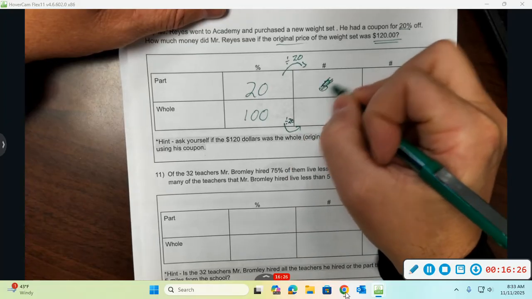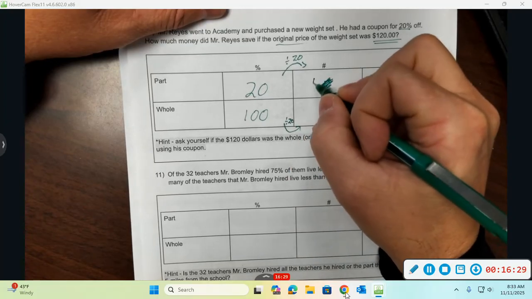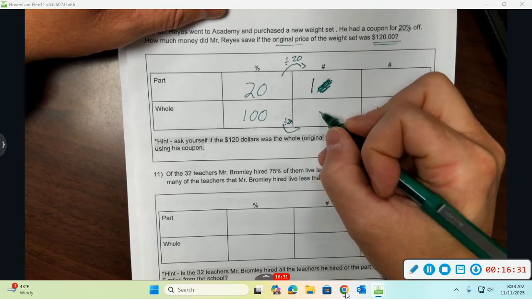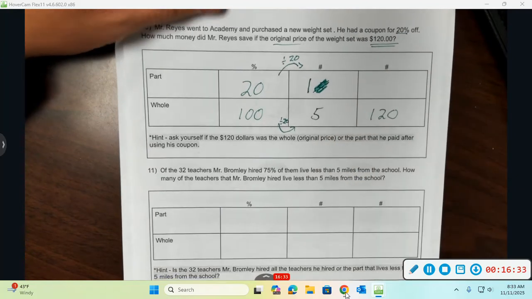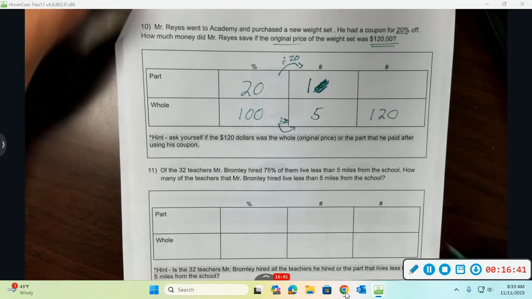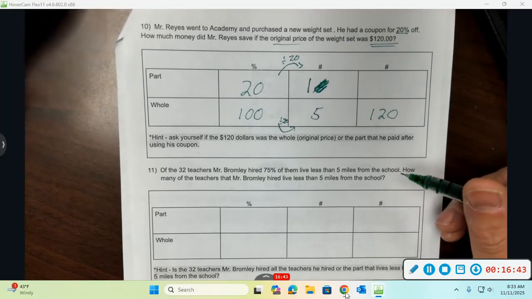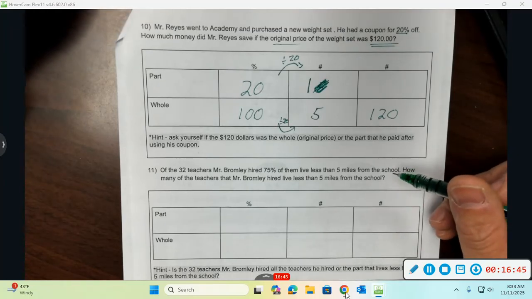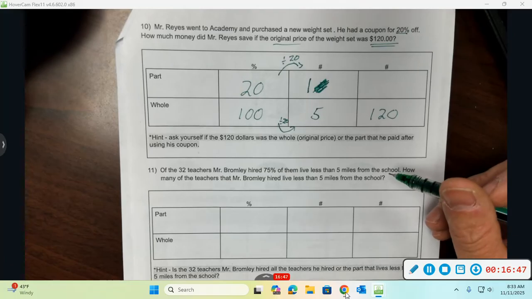Not 5, sorry. That would be 1. And this one would be 5. Right? Could I use something different? Could I use 10? Yeah, I could have used 10. Probably would have been easier to use 10, right?